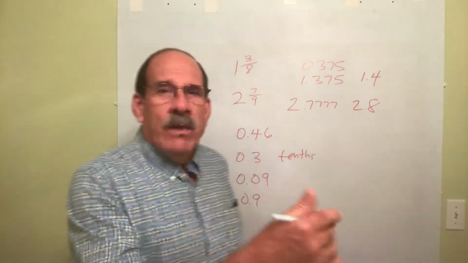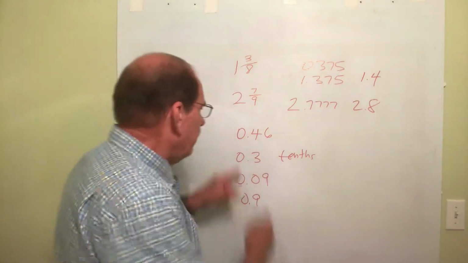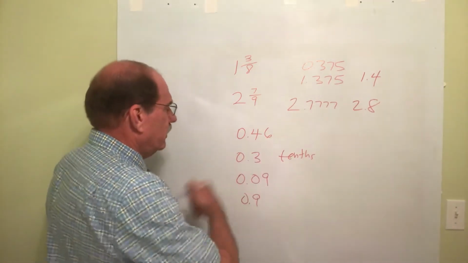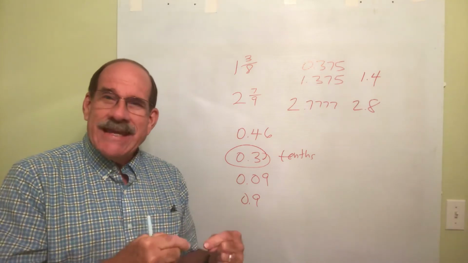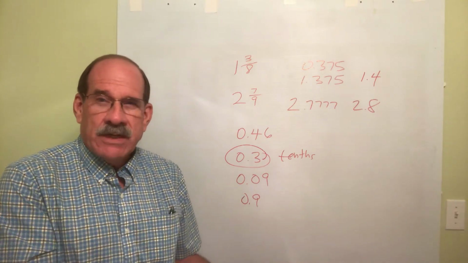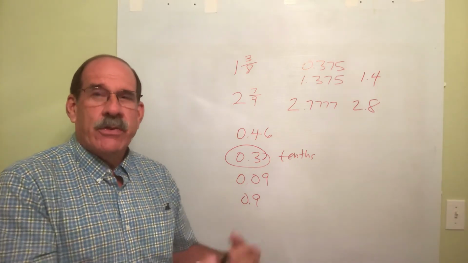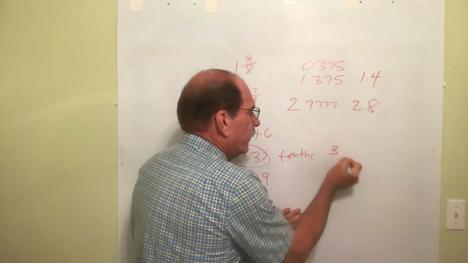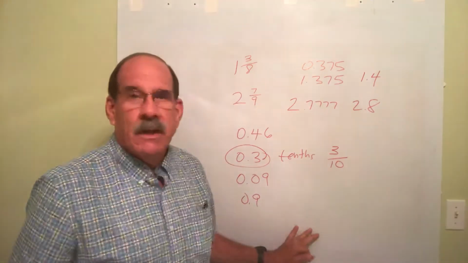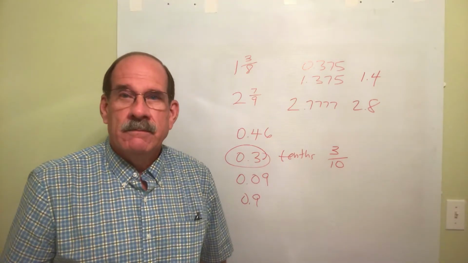Well, the way I've just described, if I have something like this, let's do this one first. 0.3. But if I say it that other way, instead of 0.3, 3/10, well, now let's write it as 3/10. There's my fraction.